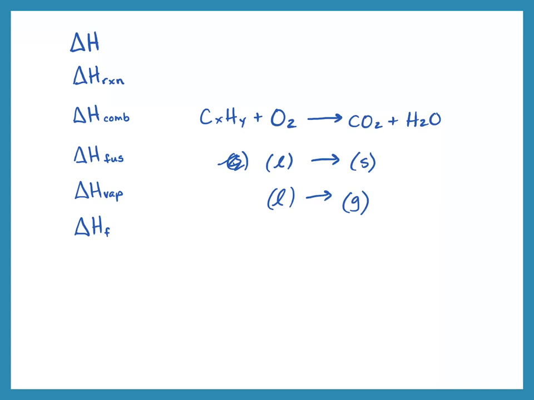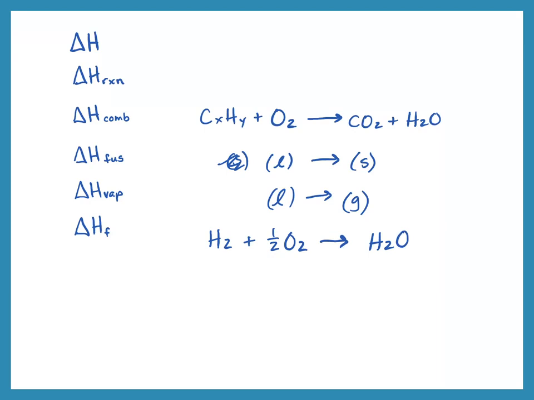So we had an example earlier in this video where we had hydrogen and oxygen combining to make water. So the delta H of formation is the formation of any compound from just its elements. So water is made of hydrogen and oxygen, and as elements they are found as H2 and O2.